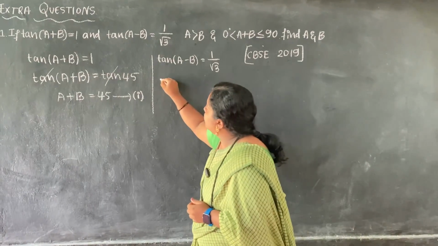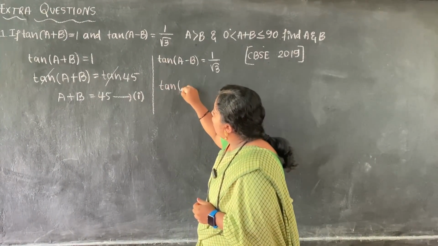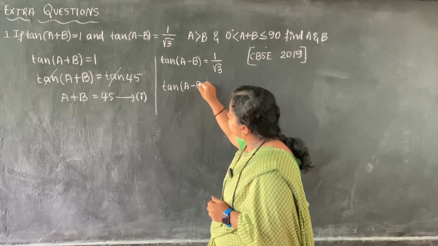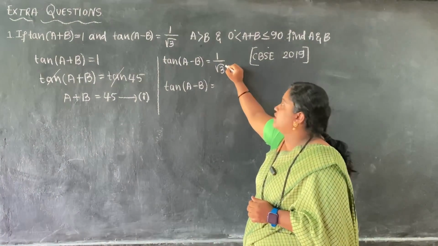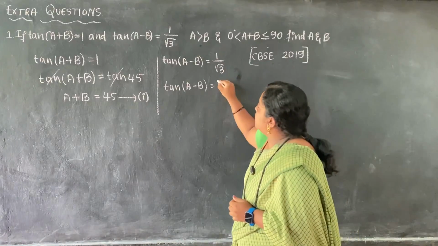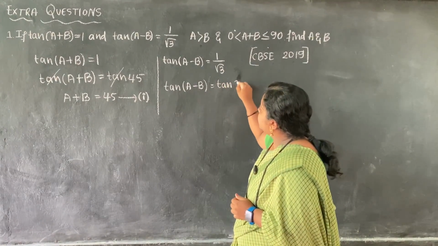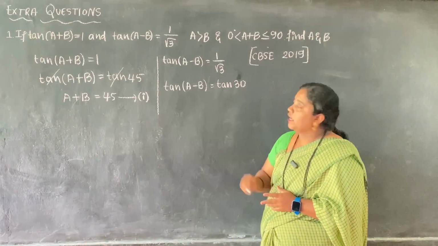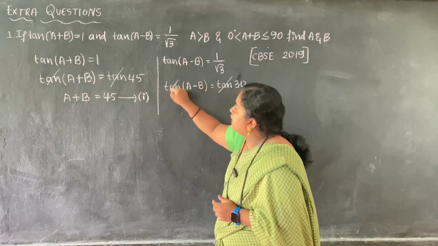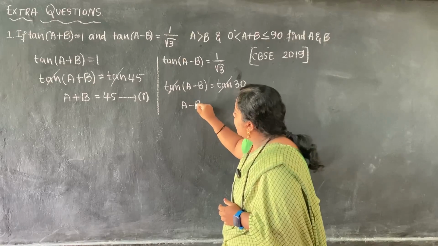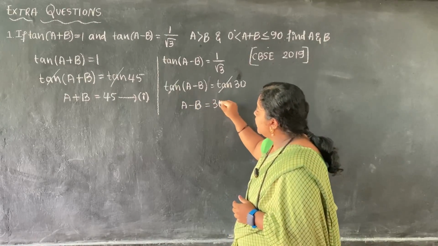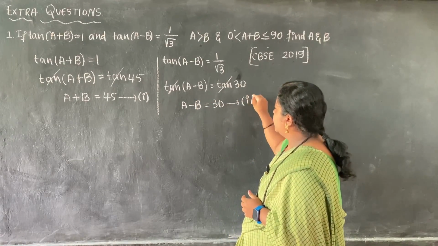So tan of (a minus b) is equal to, see, 1 by root 3 is nothing but tan 30. Here also tan got cancelled. I am left with a minus b is equal to 30. Let it be equation number 2.